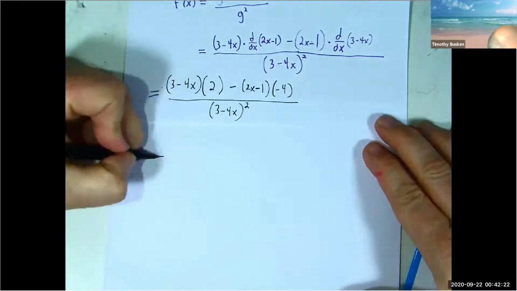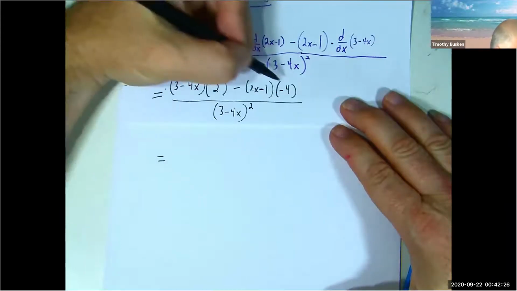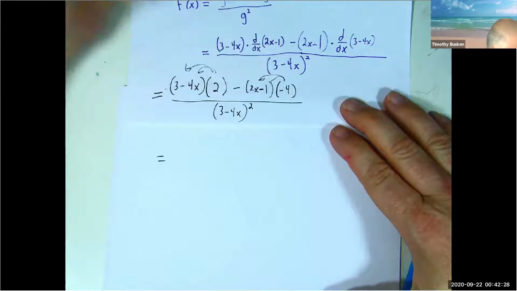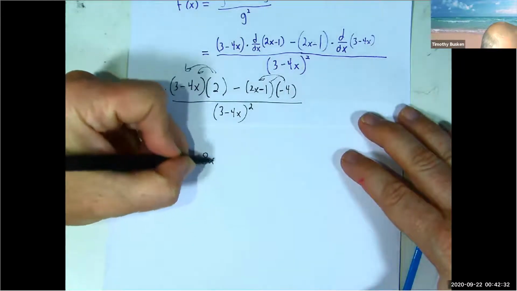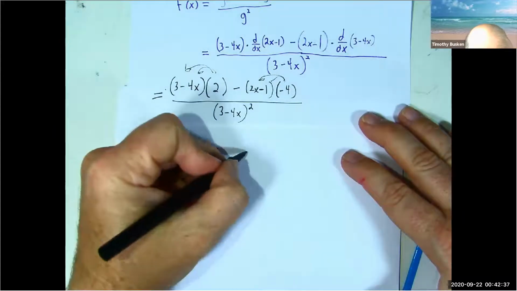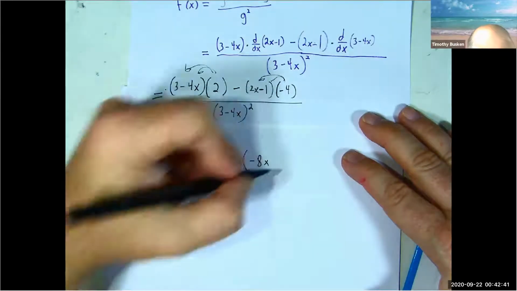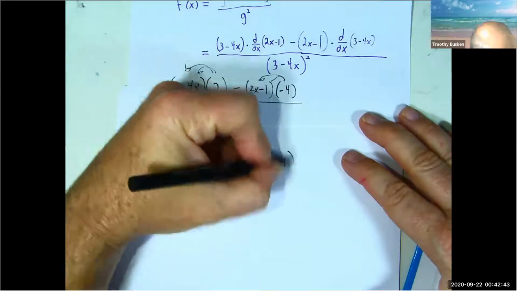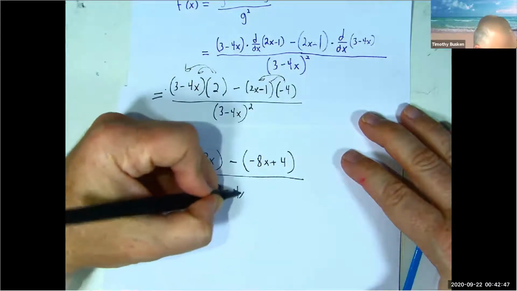I'm just going to distribute 2 here and distribute negative 4 here. That ought to give me 6 minus 8x. And then I'm going to subtract from that negative 8x plus 4. And that's all over 3 minus 4x quantity squared.